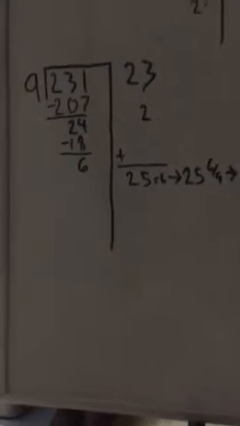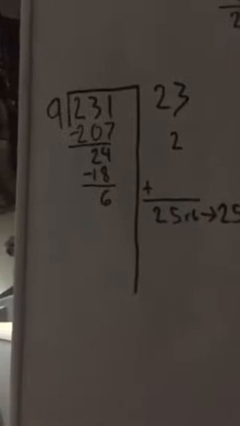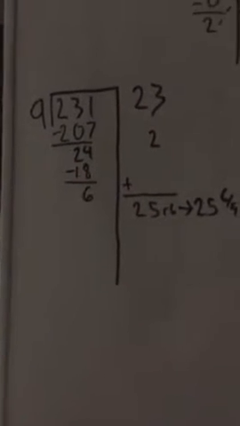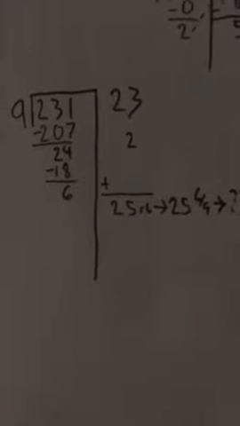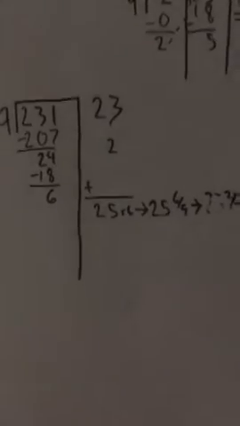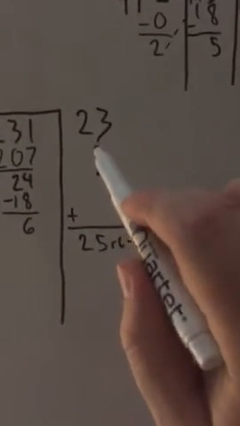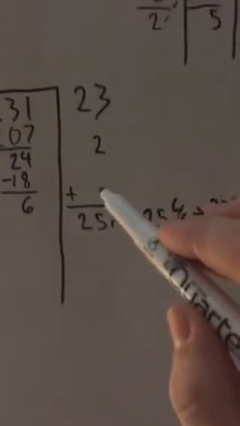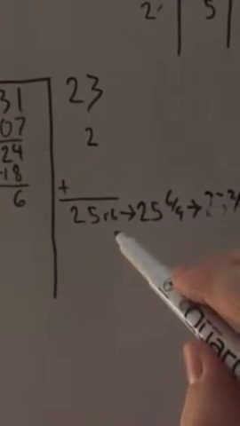Now, with the remainder being 6 there, from 24 minus 18 is 6. So we automatically know that we have a remainder now because there's nothing that can be smaller than 6. So what we do is we come back over here to the right side, and 23 plus 2 is 25 with a remainder of 6.